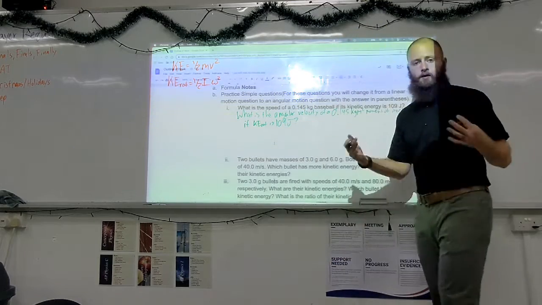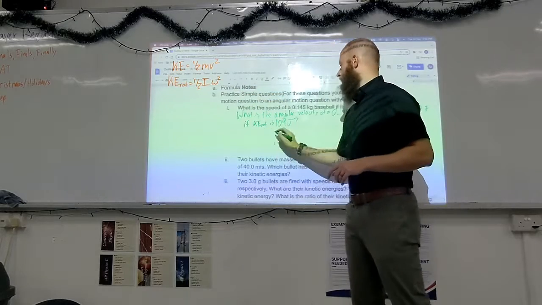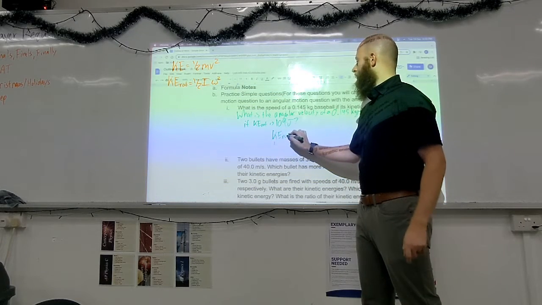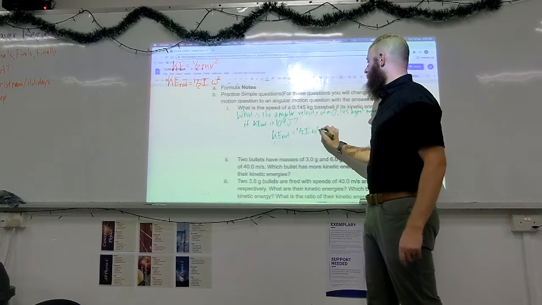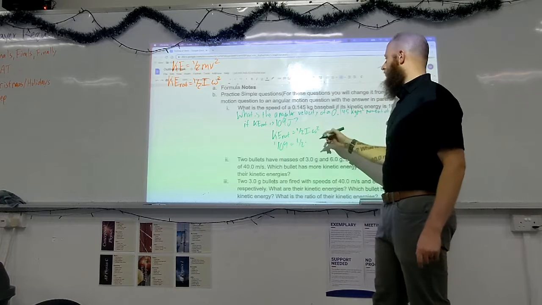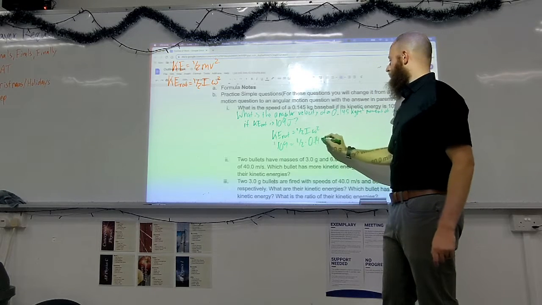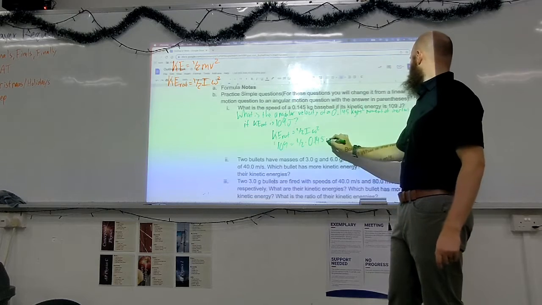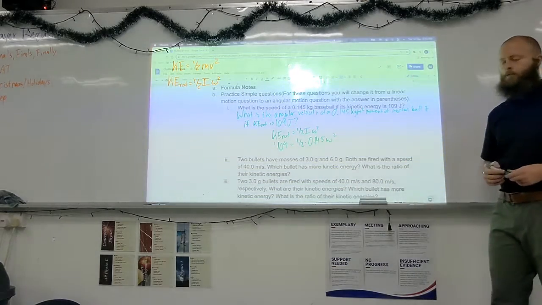Okay? So we can use our rotation formula. KE rot equals 1/2 I omega squared. KE rot is just 109 equals 1/2, I is now 0.145, times omega squared. And then I can just solve for omega.